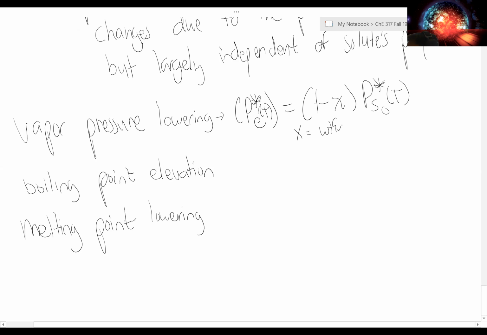Let me make sure it's weight fraction. I don't want to tell you wrong. It is mole fraction. Of the solute. And so what that means is the amount of solute lowers our vapor pressure.